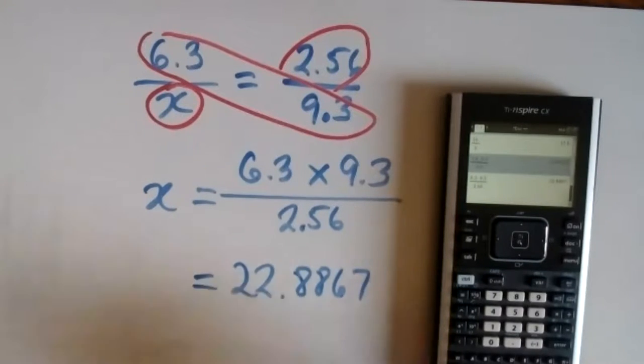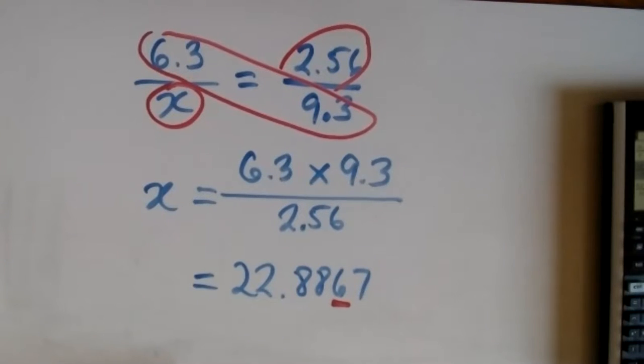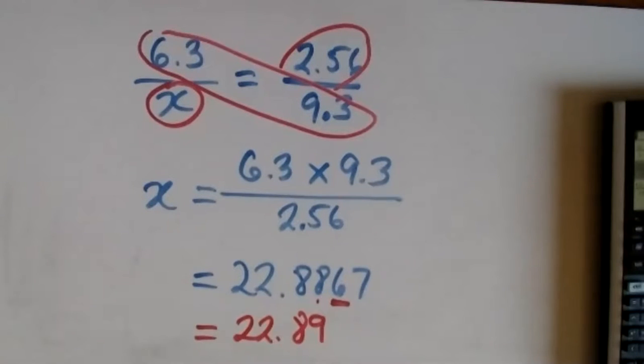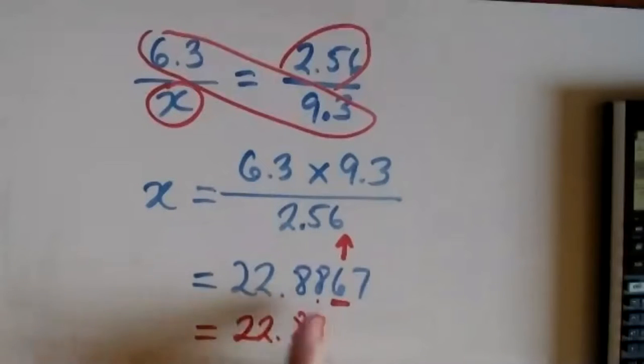Now let's see the rounding. This is more than 5, so it's going to move this one more. So the number is going to be 22.89. So this is going to round up. The 88 is going to be 89. I guess you're familiar with this rounding. You have done this before.